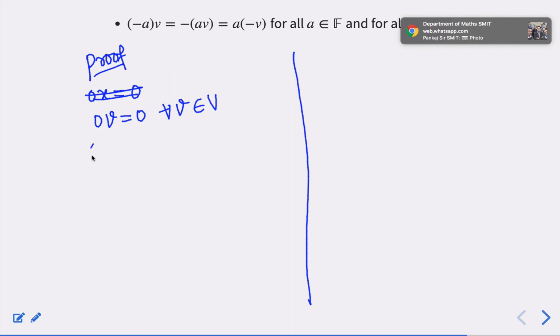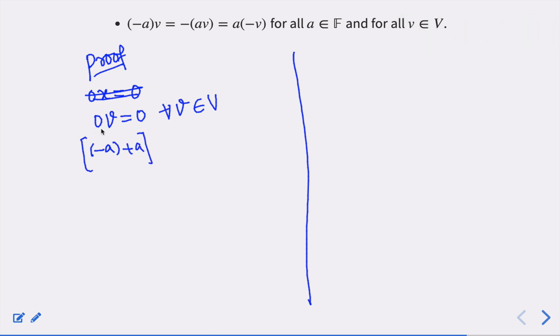Now 0 can be written as minus a plus a, because 0 is the scalar and that's the additive identity for the scalar field. And now I have the distributive property, therefore minus a times v plus a times v is equal to 0.